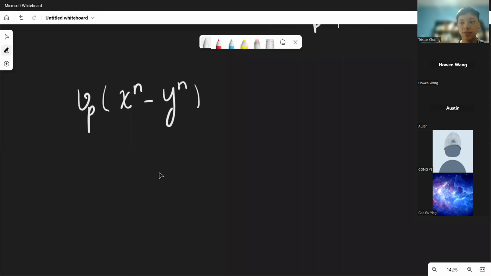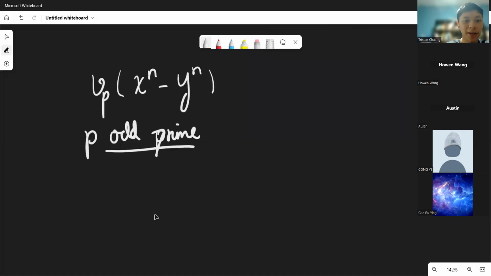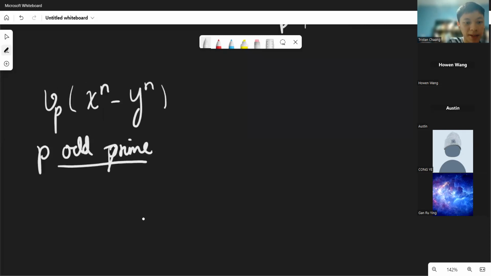So let's look at a few cases. In fact, just two cases. The first case is where p is an odd prime, and then afterwards we look at p equals 2. Okay. So if p is an odd prime, this will be a very simple relation, assuming that x and y are the same mod p, but they are both not multiples of p.